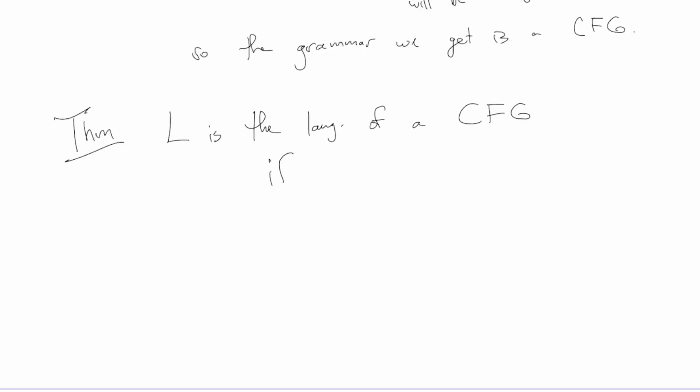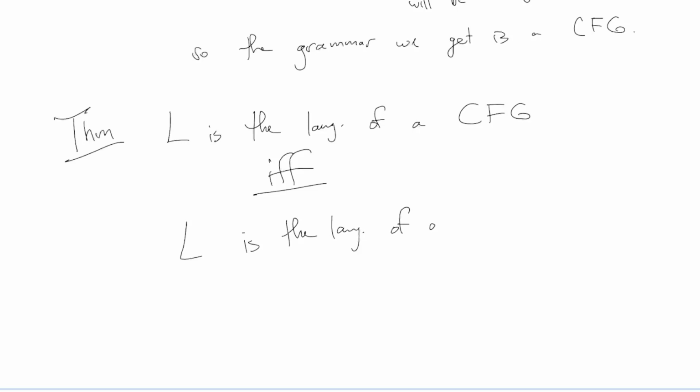All right, so I'll write this like a theorem. It follows from these two constructions that we've talked about. L is the language of a context-free grammar if and only if L is the language of a stack machine.